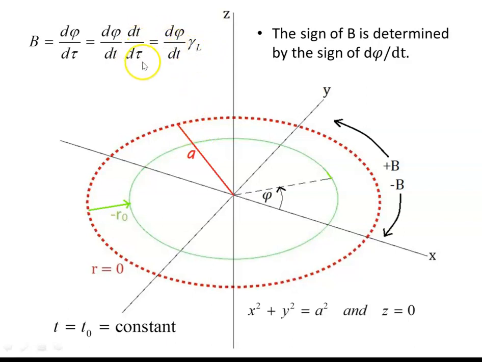So dt d tau is the Lorentz factor, and the coordinate angular velocity is d phi dt, as opposed to the proper angular velocity d phi d tau. The sign of B is determined by the sign of the coordinate angular velocity. So it can be in the positive direction, anti-clockwise, or in the negative direction, clockwise.